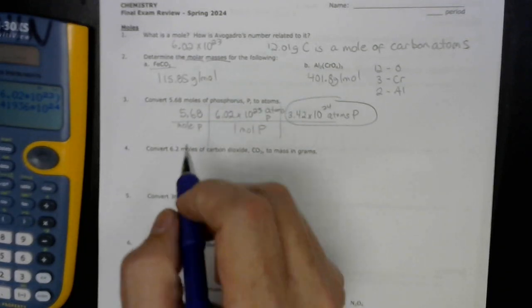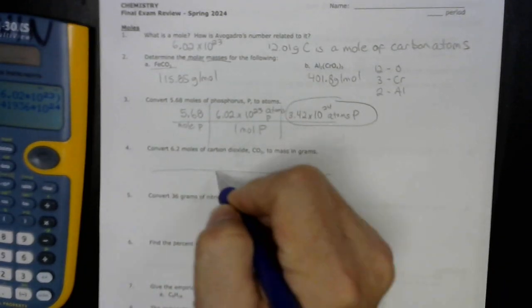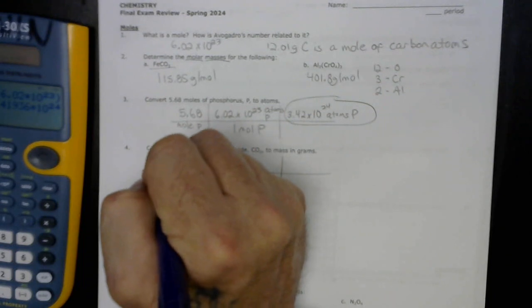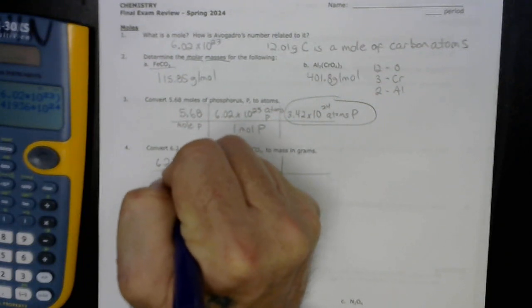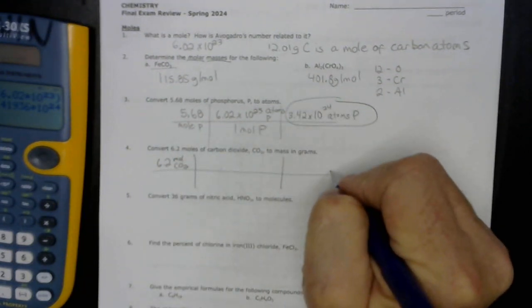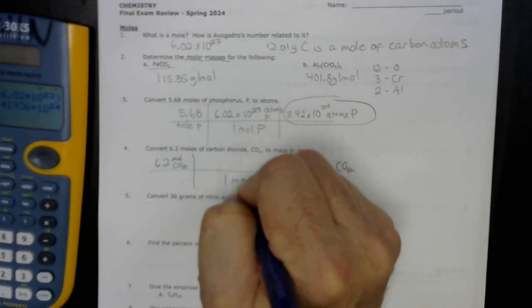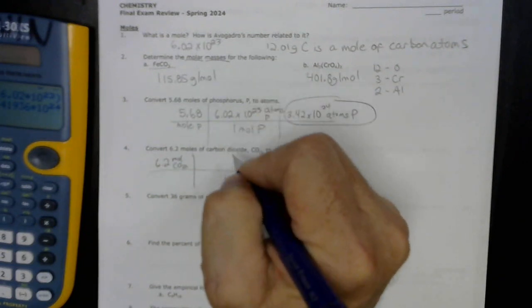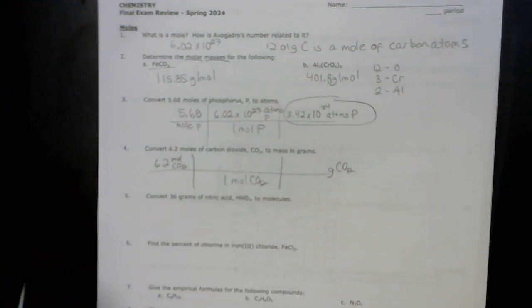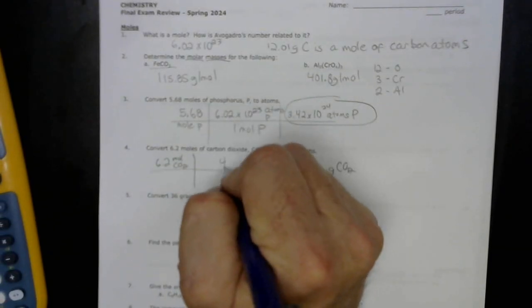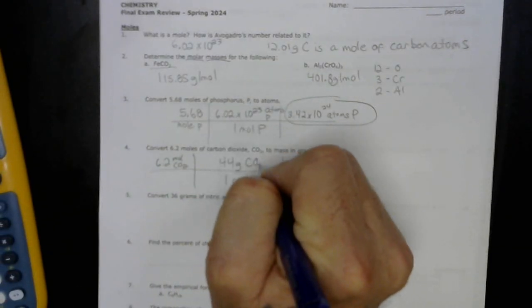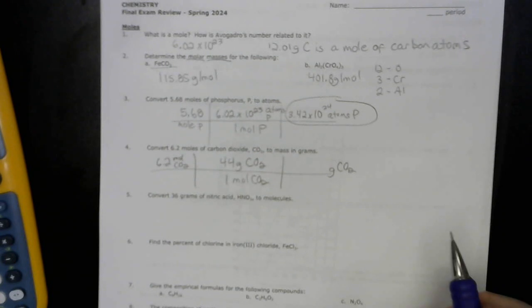Okay, so here they're giving me a moles to grams conversion, so 6.2 moles of CO2, and we want to go to grams of CO2. And I know that in every 1 mole of CO2 there is 16 times 2 plus 12, 44 grams of CO2 in every 1 mole of CO2, just adding it up.